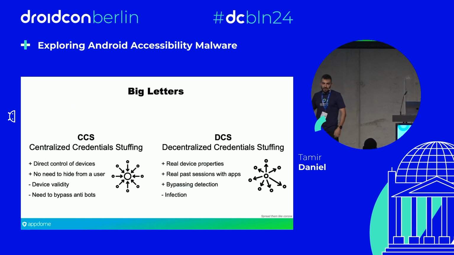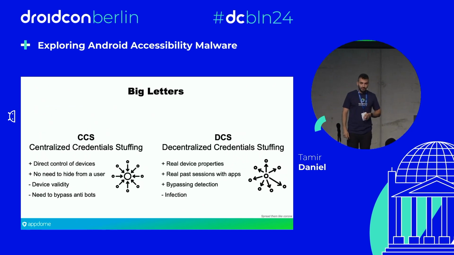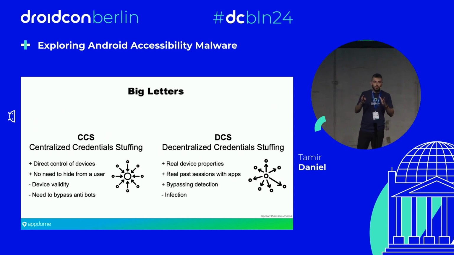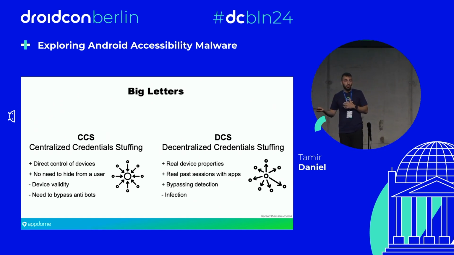Great, so there are two types of credential stuffing attacks. The first is centralized credential stuffing. It is composed mainly of a server farm of Android emulator devices, and they're just running attempts to log in. This type of attack has two problems.